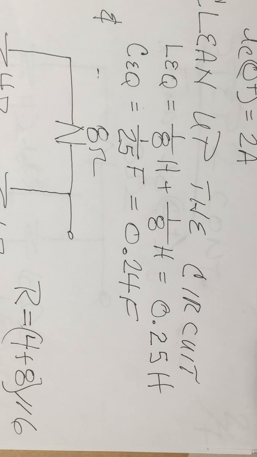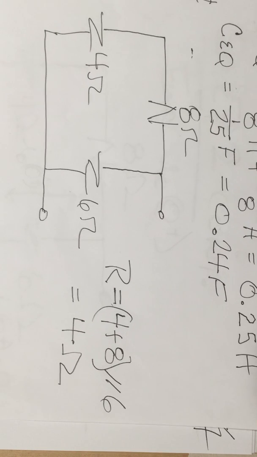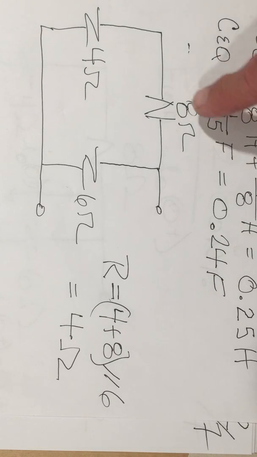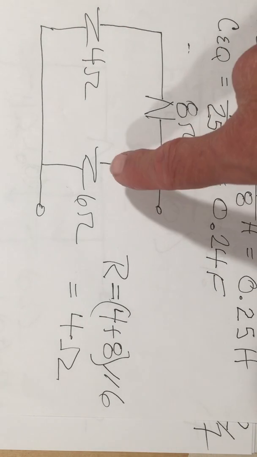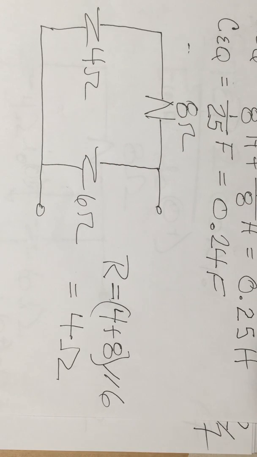They just add up because they're in series. Also, there's only one capacitor, so CEQ is pretty easy. 1/25 farads gives me 0.04 farads. And then the resistor network reduces down to 4 ohms. I've got an 8 and a 4 in series, and those 2 are in parallel with the 6. So 8 plus 4 in parallel with 6 gives me 4 ohms.